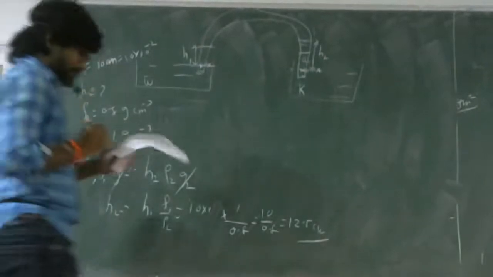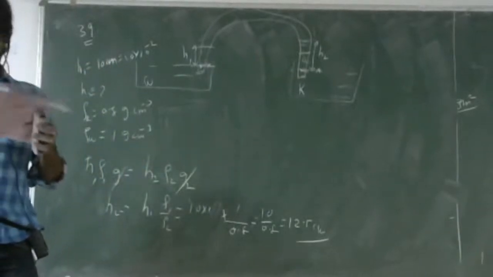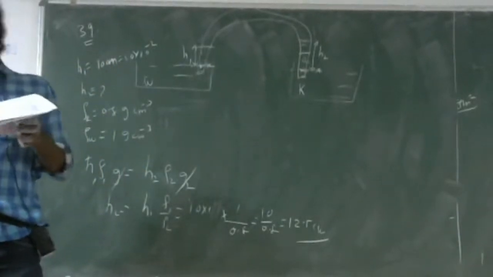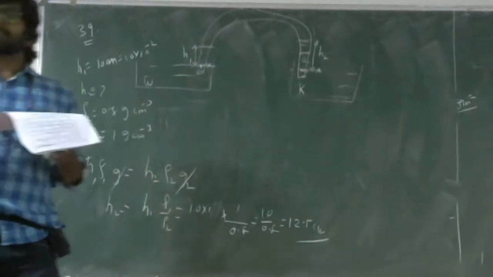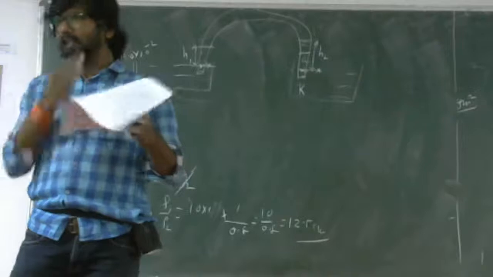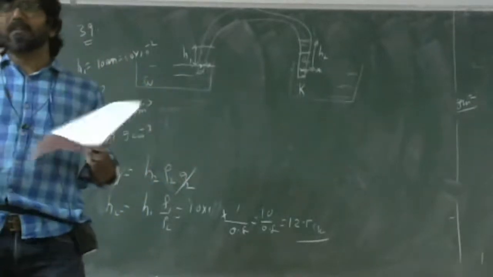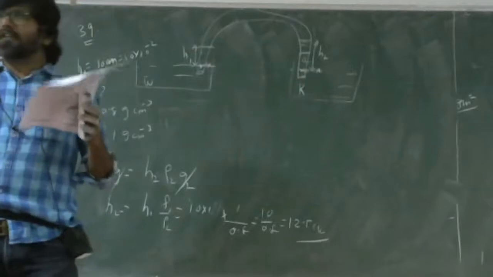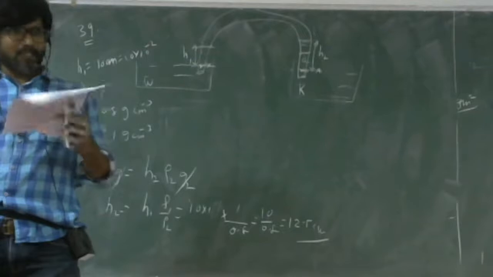The other options say SHM is necessarily oscillatory, oscillatory motion may be periodic, and all of the above. Simple harmonic motion is periodic. Necessarily periodic motion means the one which repeats after a regular interval of time. It may be oscillatory or circular motion, whatever it is. It should be periodic. Yes.